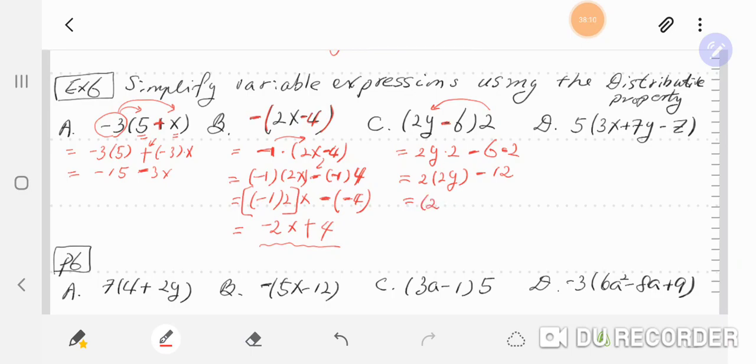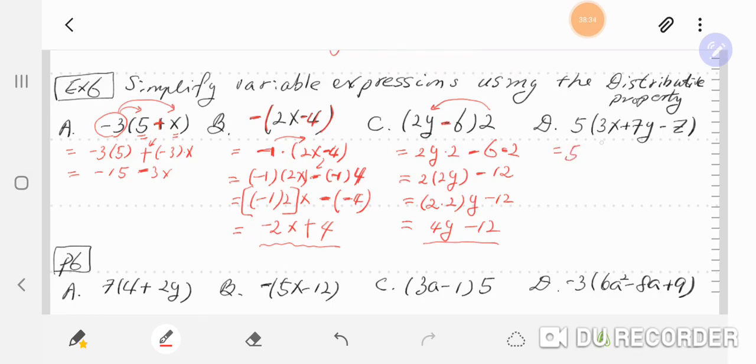Using the associative property, right? So 2 times 2y minus 12, so that is 4y minus 12. All right, this one takes time, so why don't we use multiply directly? So multiply 2y by 2. So 2 times 2 is 4y, and then minus 6 times 2. Negative 6 times 2 is negative 12. There you go.